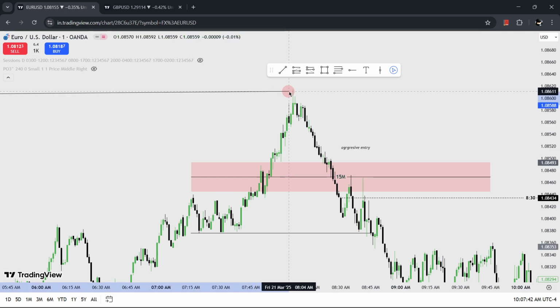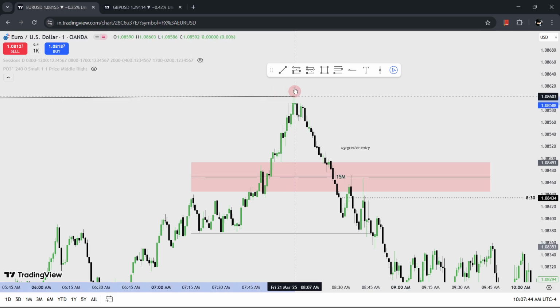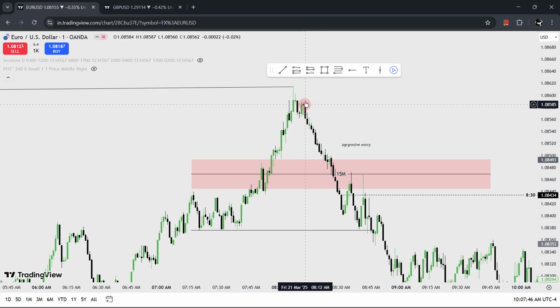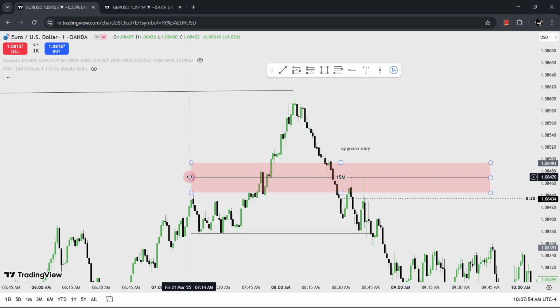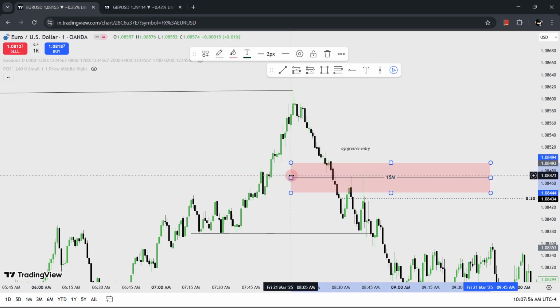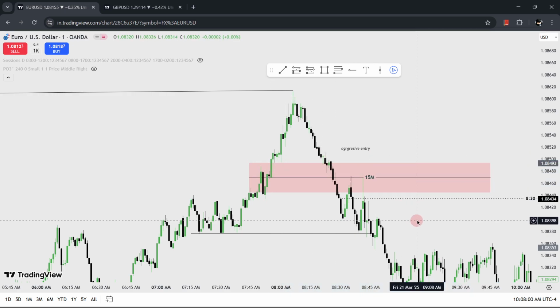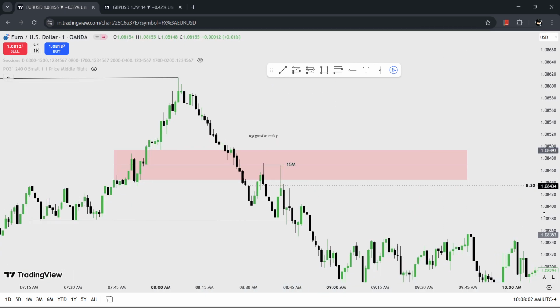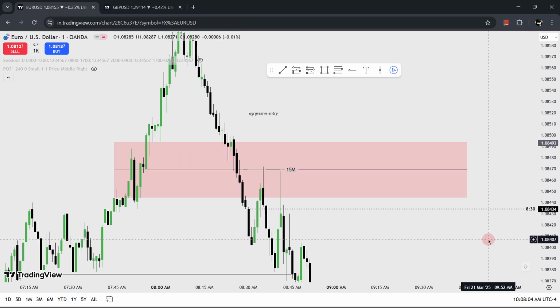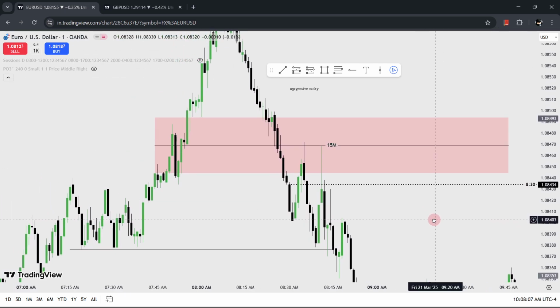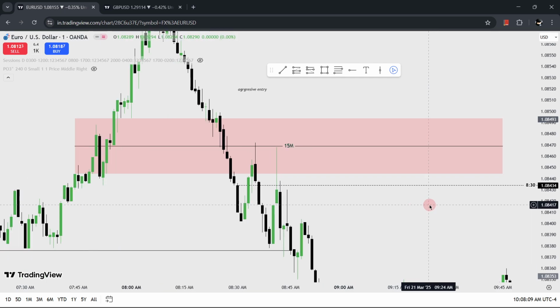Market went up, created an SMT with respect to GBP. Coming down, that's in 1 minute. You can see this is a market structure shift, and it doesn't even respect this fair value gap which formed here. Now we are going to explore how we can trade on this day.